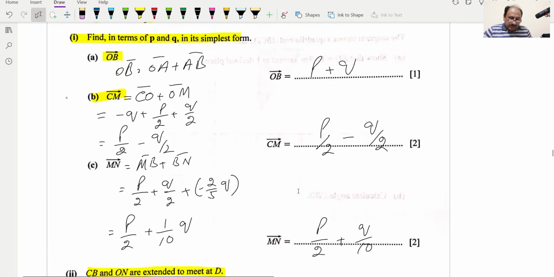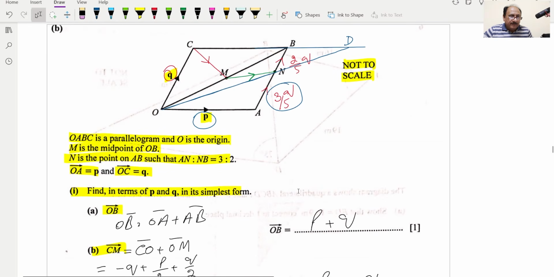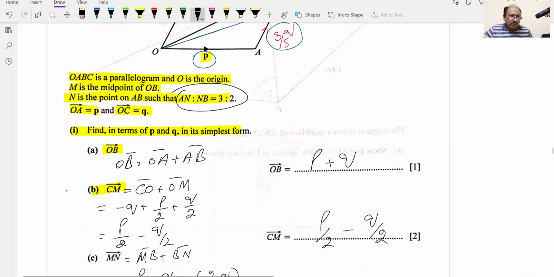Now the other portion, ND, is required. Since the ratio AN to NB is 3:2, the ratio ND to ON will be 2:3.